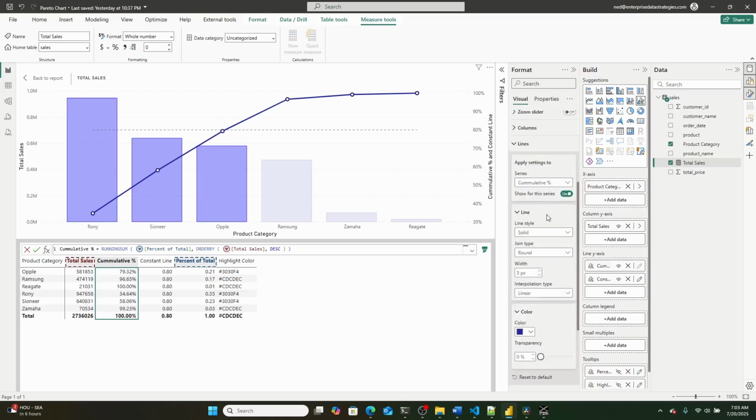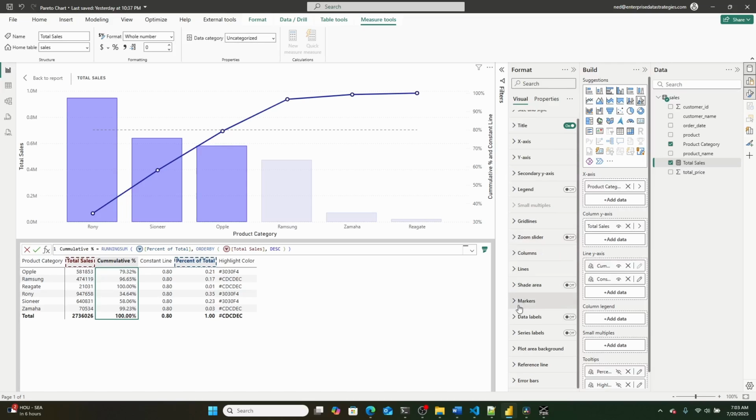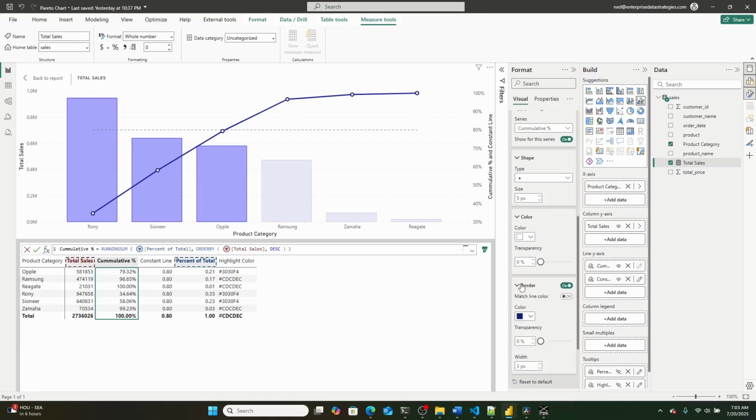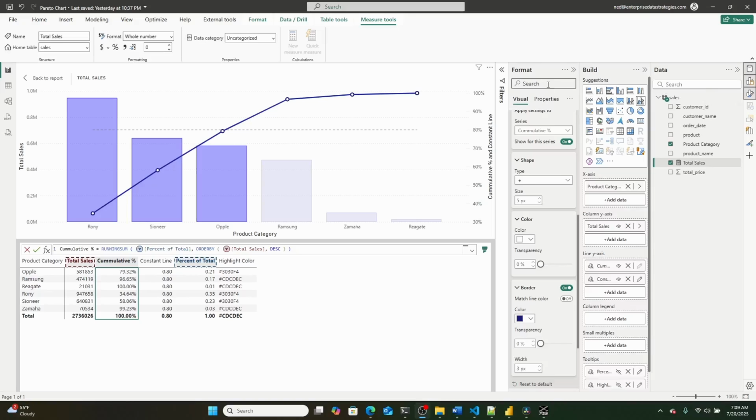I also went in this line and set some specific marker formatting. So I increased the size of the little dots to 5 pixels. I then set their color fill to white, and then I turned on a border that I also set at 3 pixels to match the line. That leaves us with just the bar formatting.